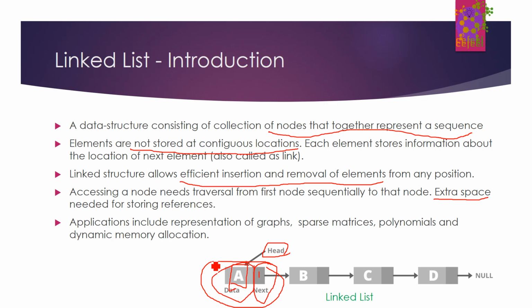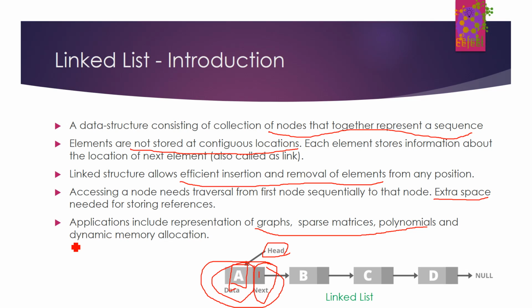But there are various applications where linked lists find themselves very useful, and some of these are representation of graphs, sparse matrices, or representation of polynomials, which we do in maths, and then dynamic memory allocation.